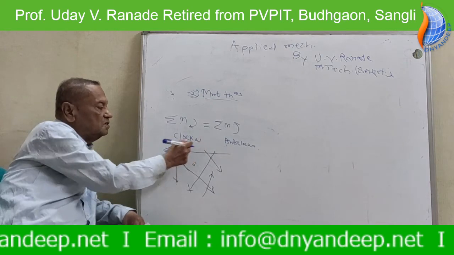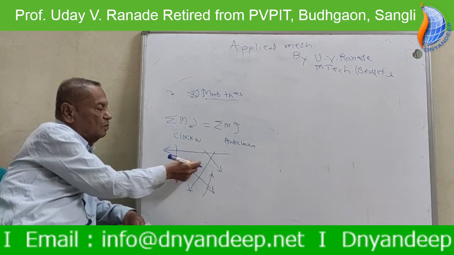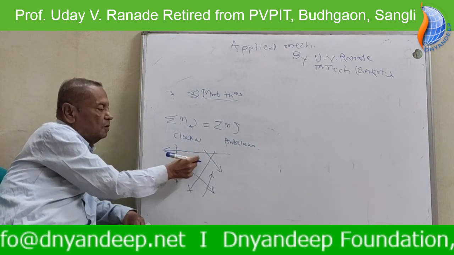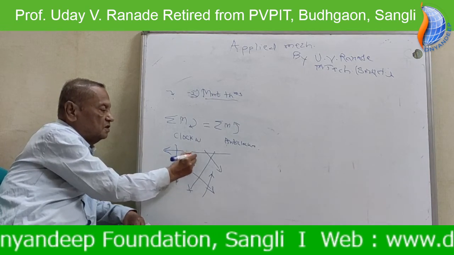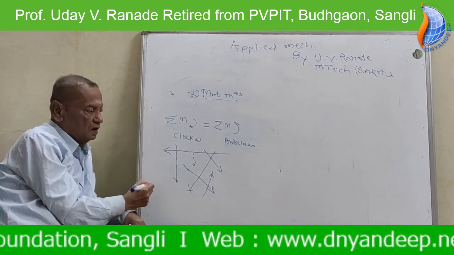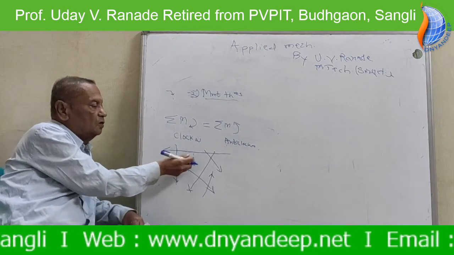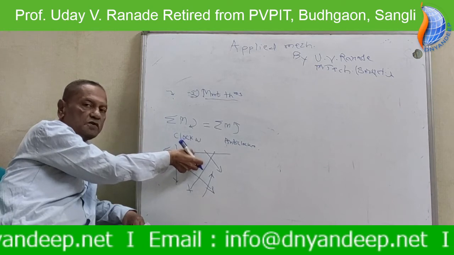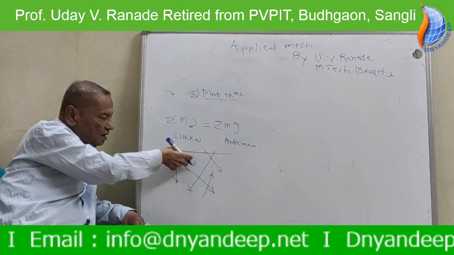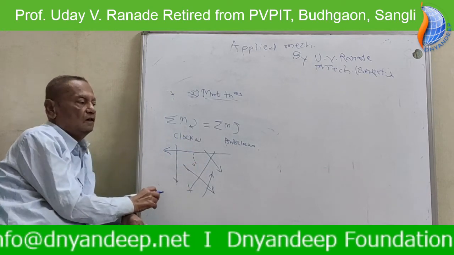Now here, the moment of this force about this point is force into distance. This is the distance, whatever it is, x, y or z. Now this force causes moment, which is force into perpendicular distance, in anti-clockwise direction.